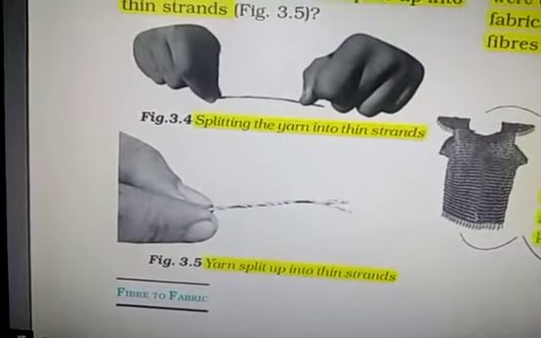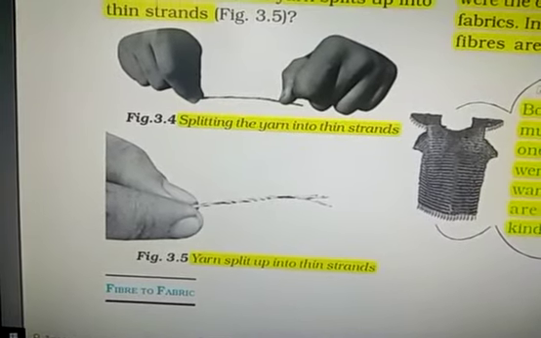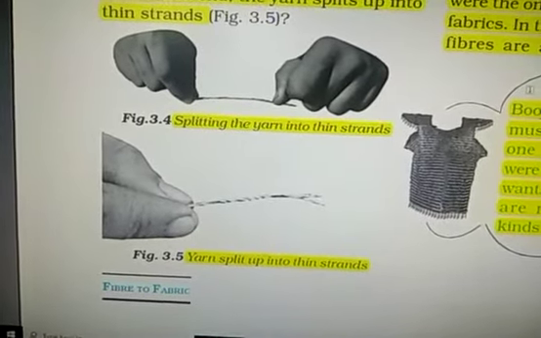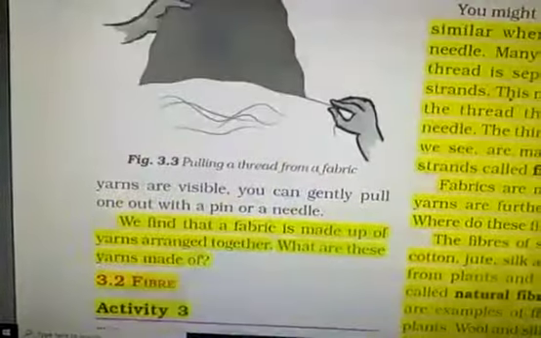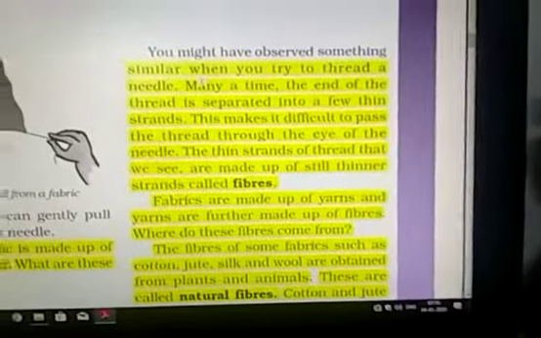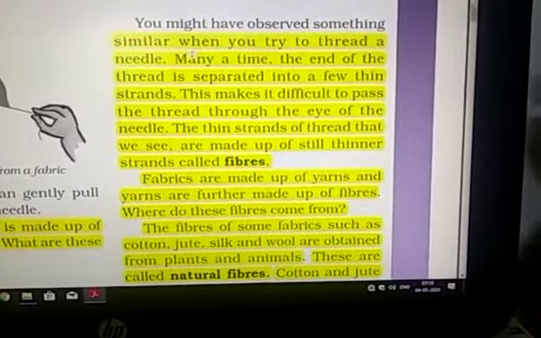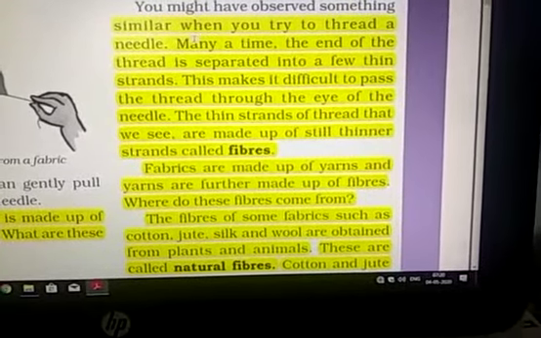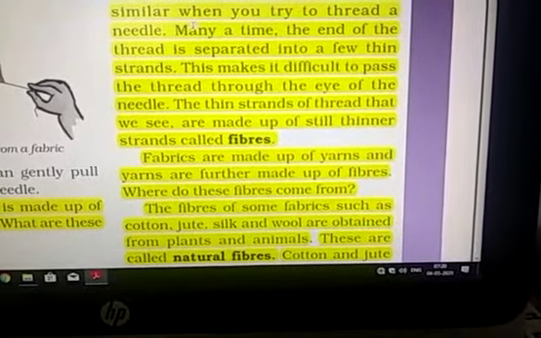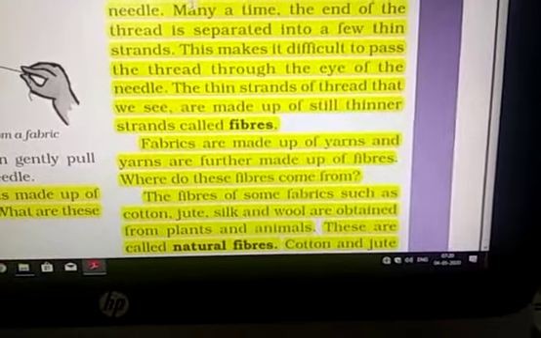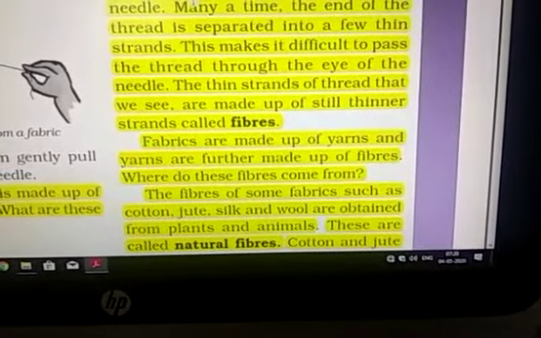You experience the same when you try to pass a thread through a needle's eye. Sometimes the end of the thread is split into several small strands, and these strands are known as fibers. Fabrics are made up of yarns, and yarns are further made up of fibers.